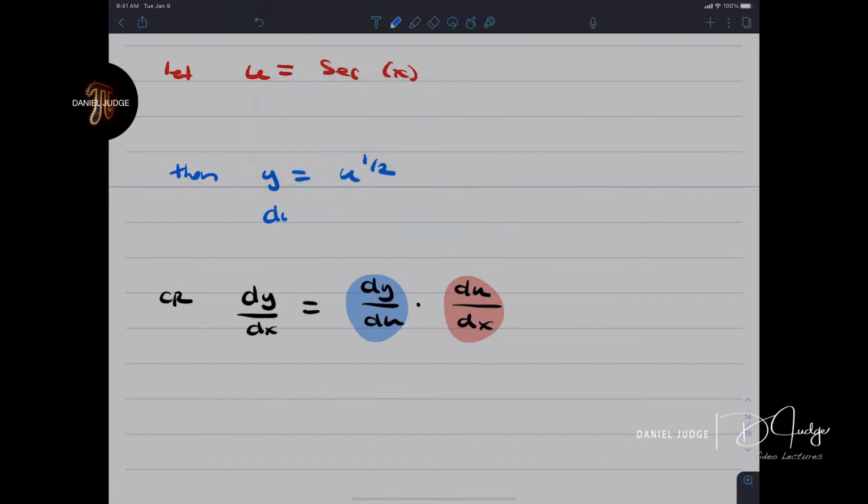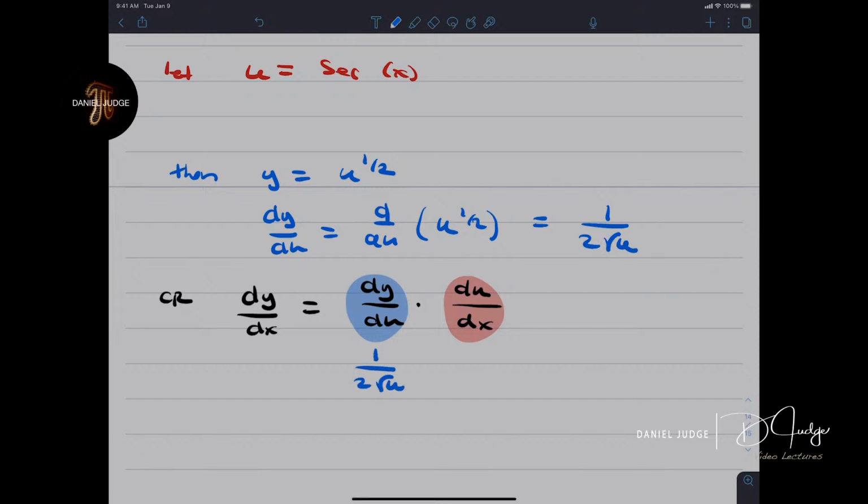So dy du is d du of u to the 1/2, and then this is 1/2 square root of u. Shows up a lot. Du dx is a derivative of secant. d dx of secant.